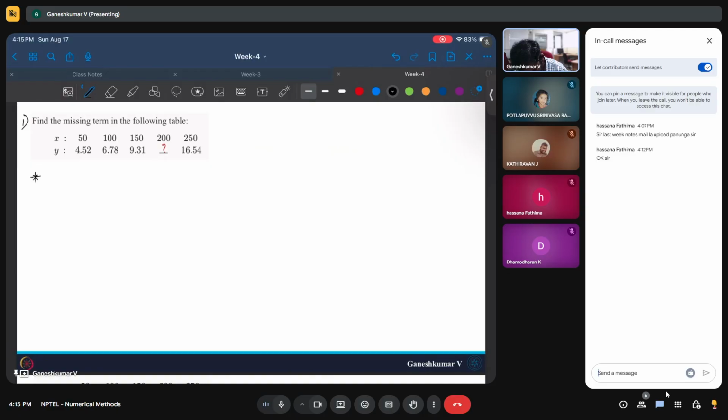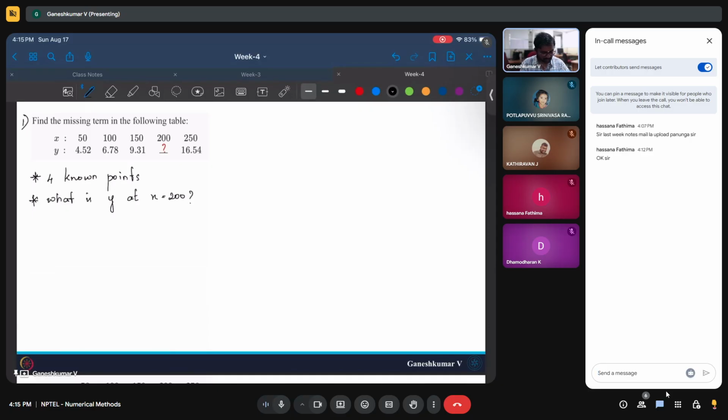What the question says is, we have 4 known points. We need to find y at x is equal to 200. This is what we have been asked for, right?